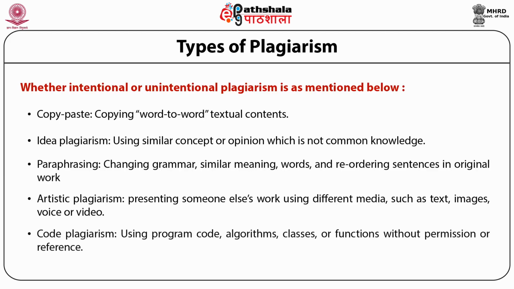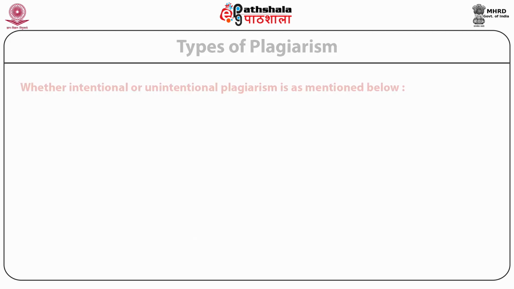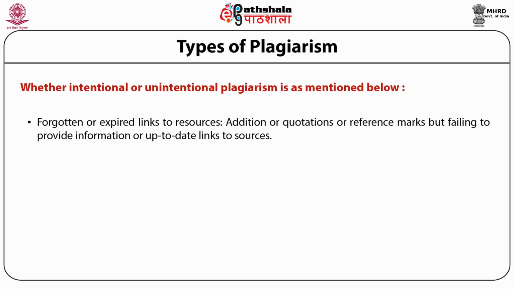Code plagiarism, that is using program code, algorithms, classes, or functions without permission or reference. Forgotten or expired links to resources, addition of quotations or reference marks, but failing to provide information or up-to-date links to sources.